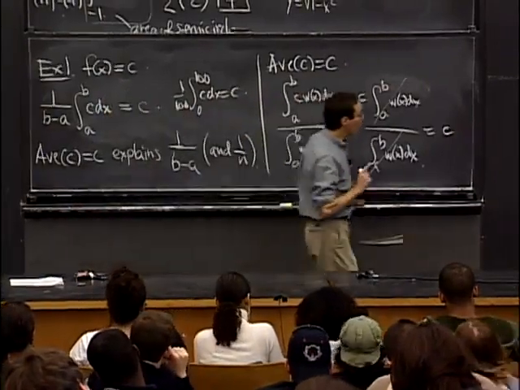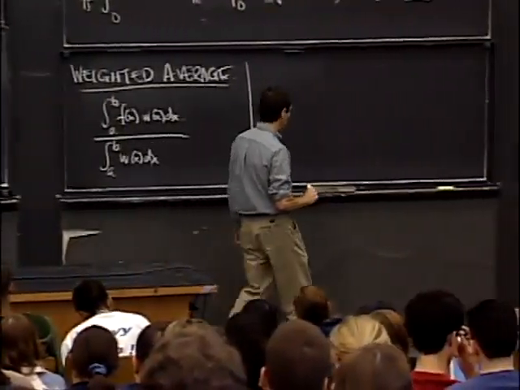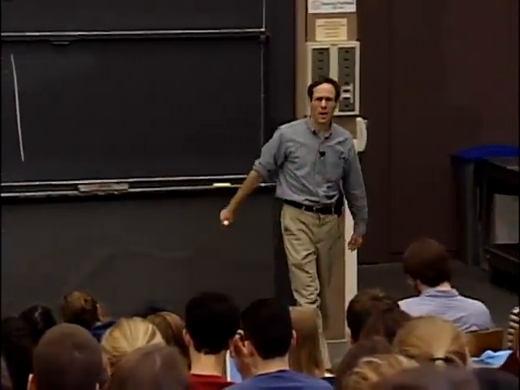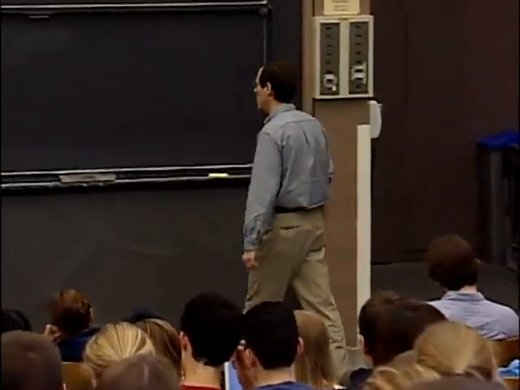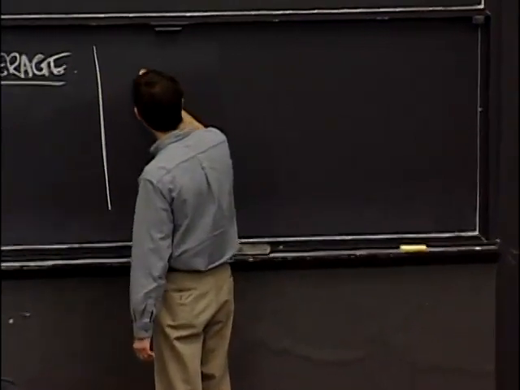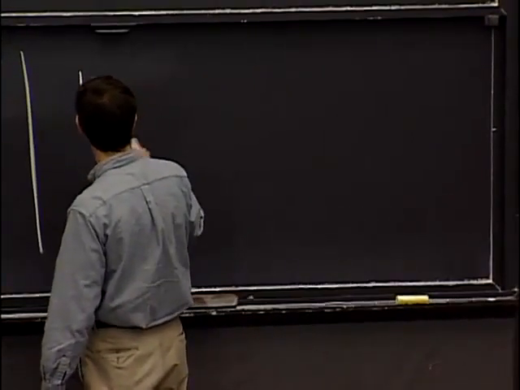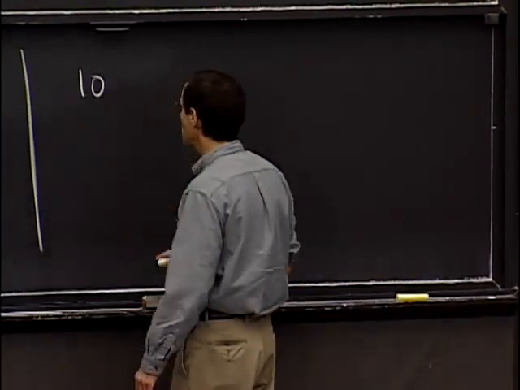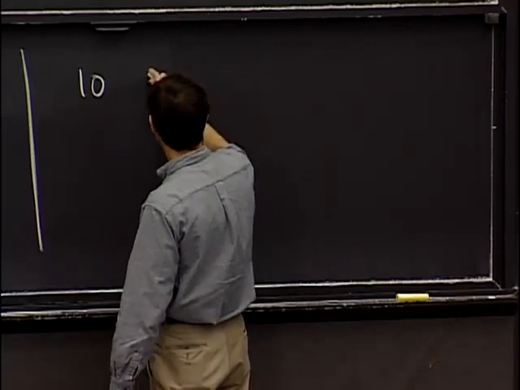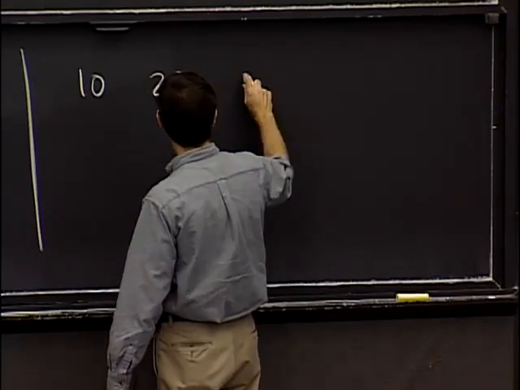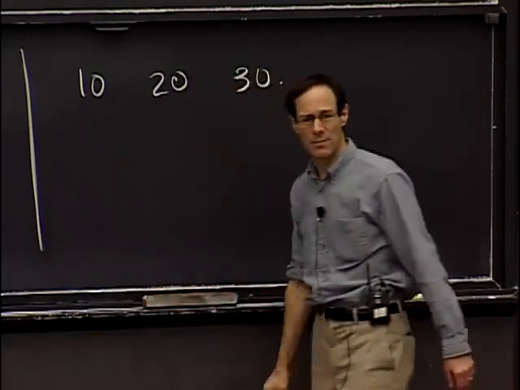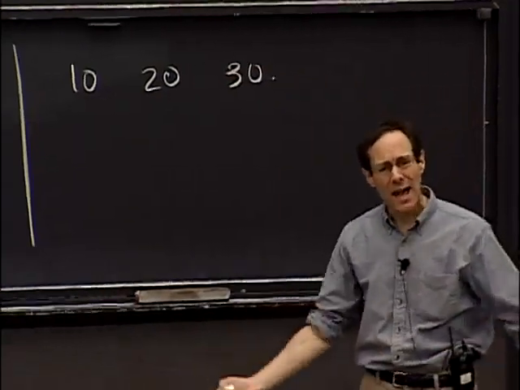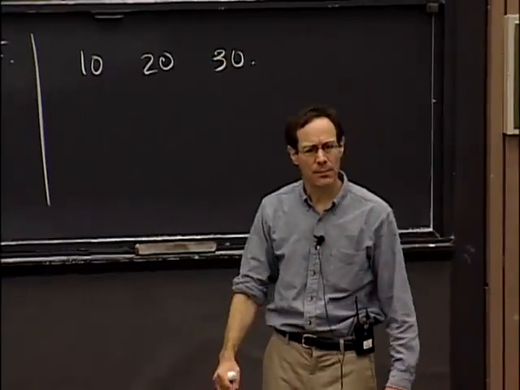Now let me just give you one more explanation, which is maybe a real-life, pretend real-life example. You have a stock which you bought for $10 1 year, and then 6 months later, you bought some more for $20, and then you bought some more for $30. All right? Now, what's the average price of your stock?